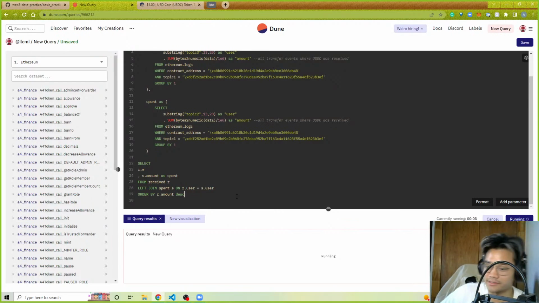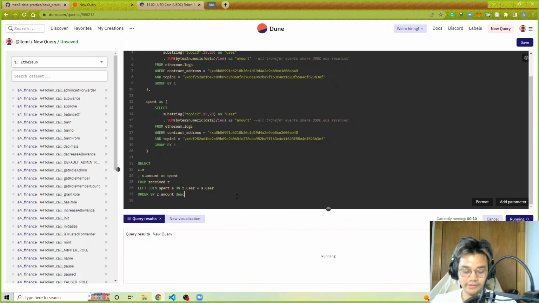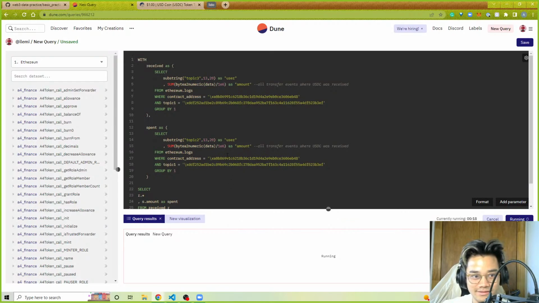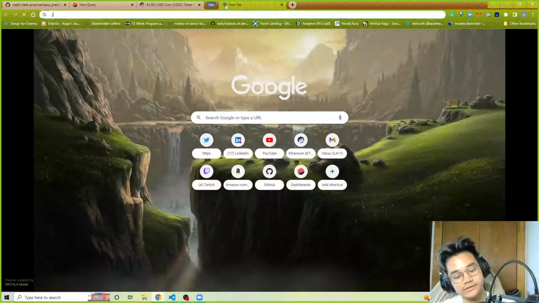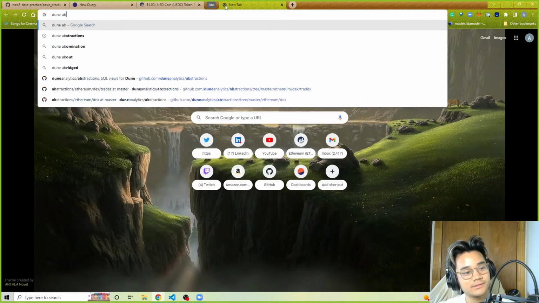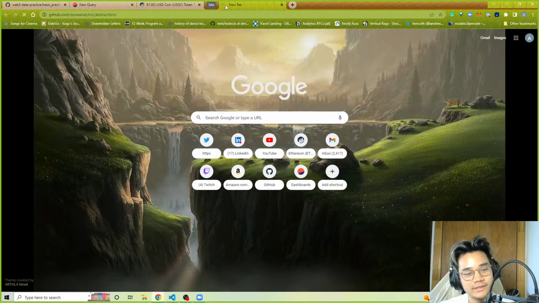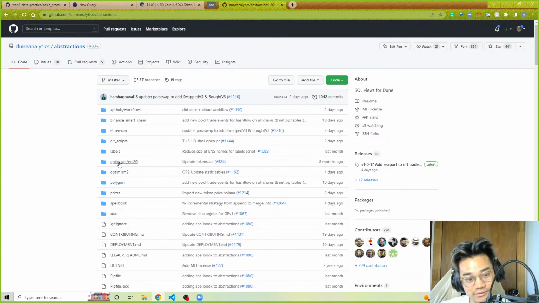This will actually probably take like 20 seconds. And so summing this across all of logs is obviously going to be slow, right? So what Dune has nicely done for us in abstractions is there's an ERC20 table or schema.